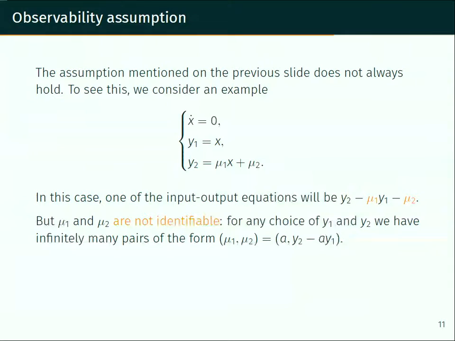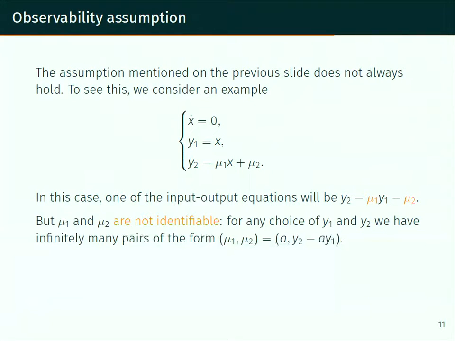That determines y1 and y2 already. Yes, that's correct. And then by varying a in that formula, you actually get a different mu1 and a different mu2 and a different x star. So they're not uniquely determined by y1 and y2. Is that correct? Yes. This is how the definition should be checked. It violates uniqueness. It's amazing that it violates uniqueness in a linear situation.